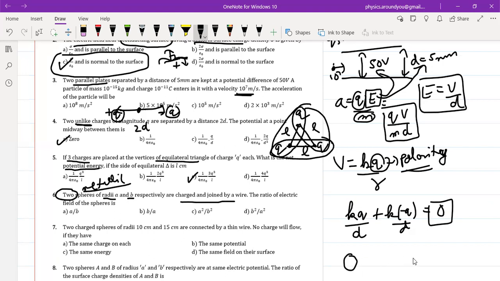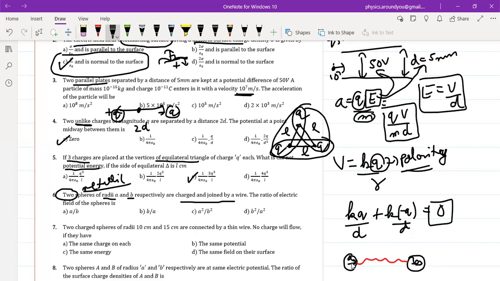I have two spheres. One is having radius A, other is having radius B, and I connect a wire in between them, right? And what is the ratio of electric fields? The question should be more clear after joining the two spheres by a wire. Well, we know something.